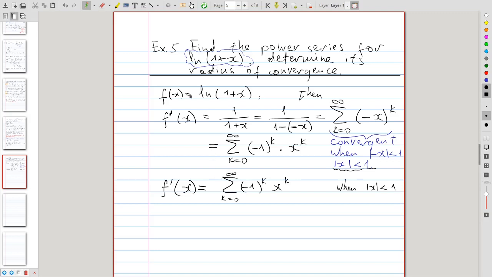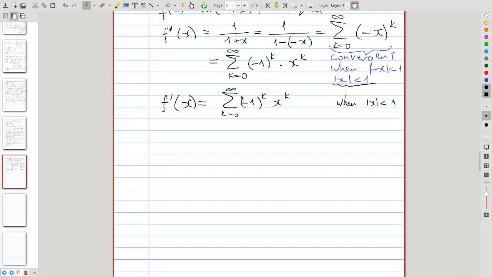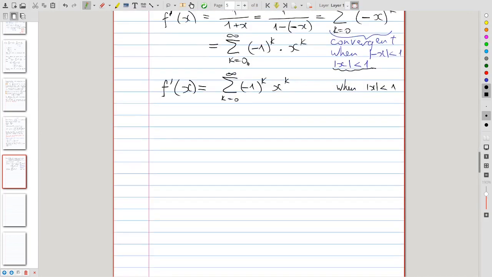Since our goal is to represent f itself in terms of power series, we will take this relation and integrate both sides. So we know that we can integrate power series, and integration preserves the radius of convergence.